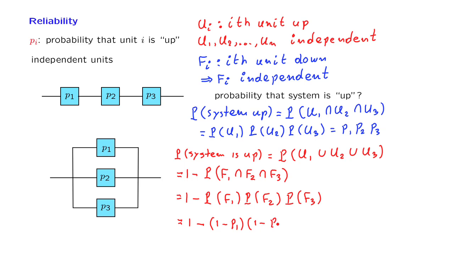Similarly, for the second unit, 1 minus the probability that it is up, and the same for the third unit. So we have derived a formula that tells us the reliability, the probability that a system of this kind is up, in terms of the probabilities of its individual components.